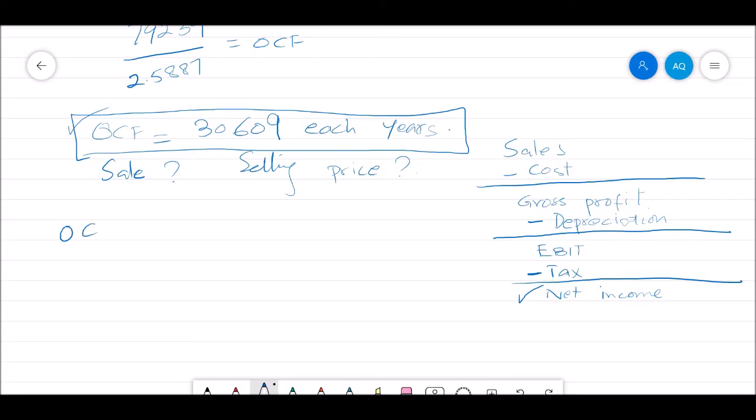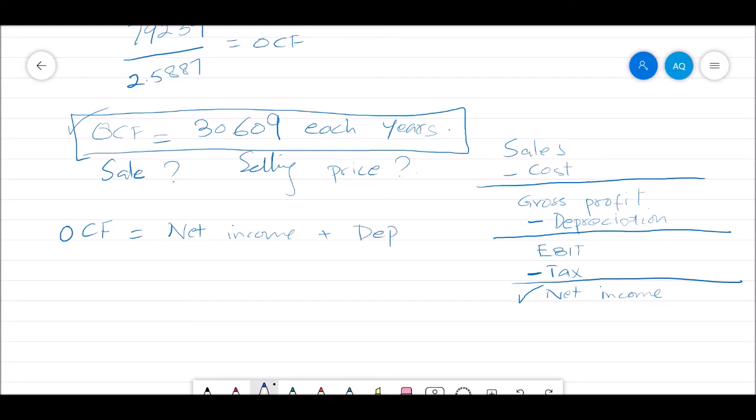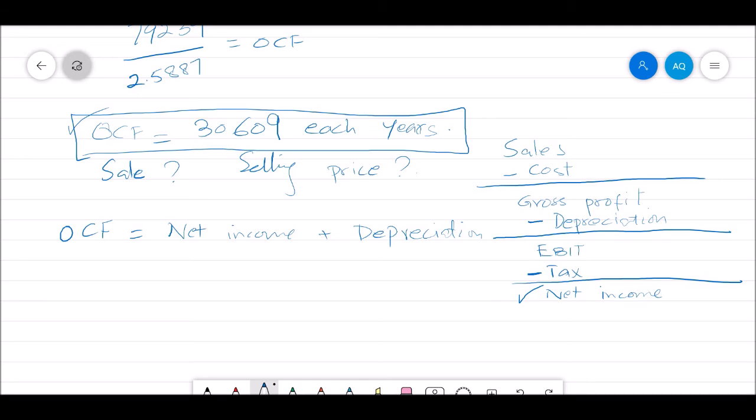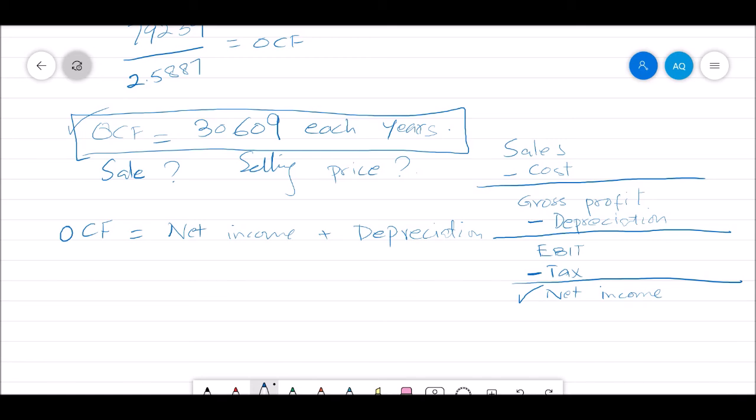We know that operating cash flow can be calculated as net income plus depreciation, when there is no interest expense. In this example, we don't have any debt or interest expense, so we can comfortably use this formula.